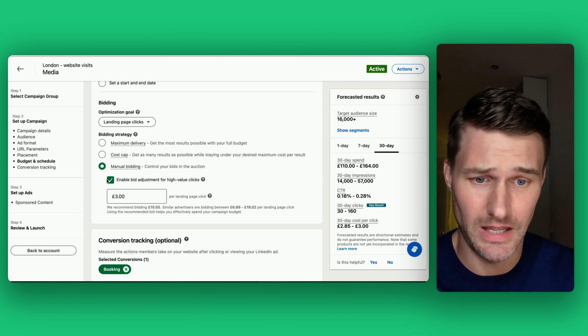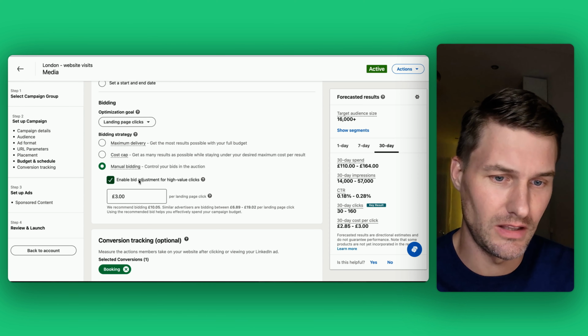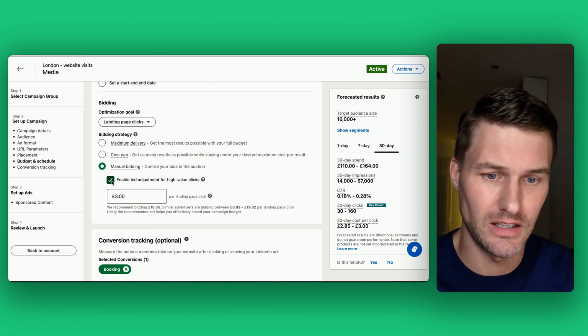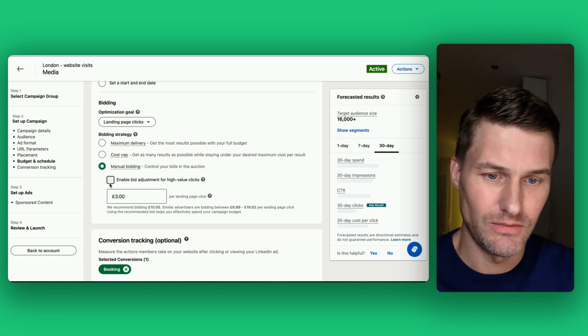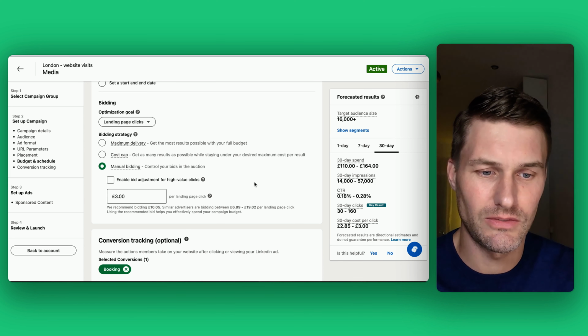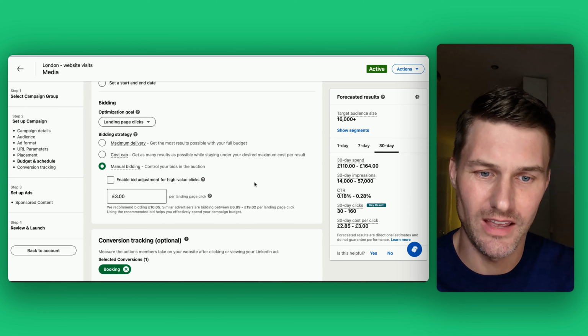And again, another trick that LinkedIn does is it automatically selects enable bid adjustment. We don't want that. So you go through the system and it just tries to move you away from fully manual bids.